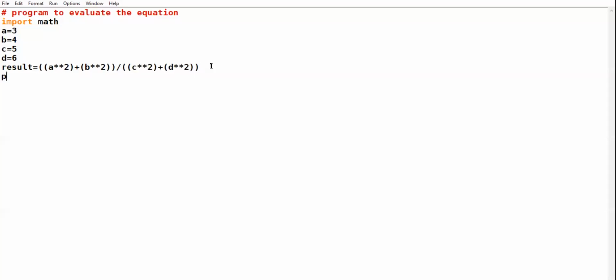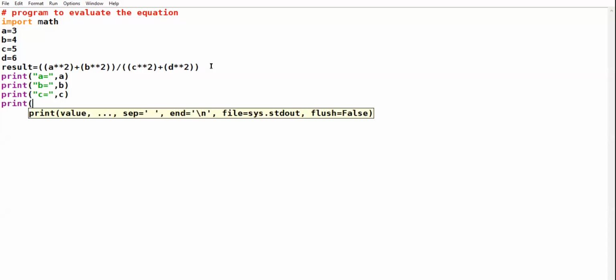So here print a equal to a, print b equal to b, print c equal to c, sorry, print d equal to d.